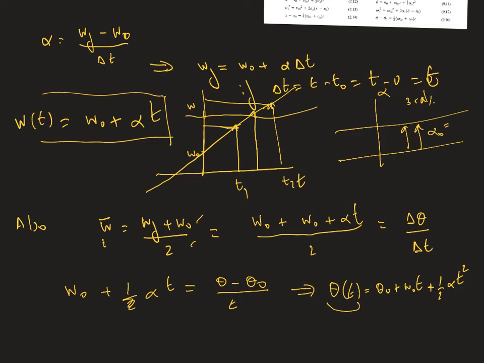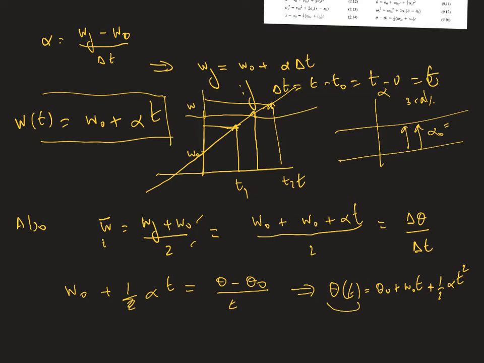But the average omega, that is omega final plus omega initial divided by 2, is delta theta divided by delta t. And omega final is omega 0 plus alpha t, so omega 0 plus alpha t plus omega 0.